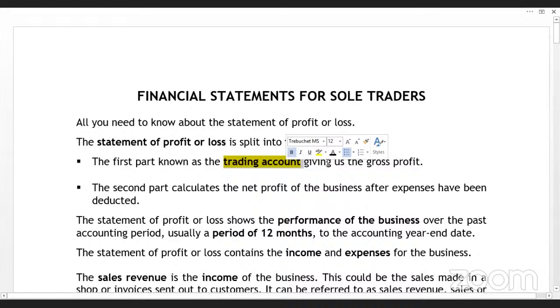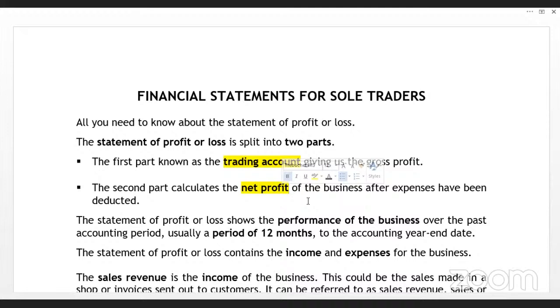The second part calculates what we call the net profit of the business. To arrive at the net profit, we get the gross profit, then we deduct the operating expenses.